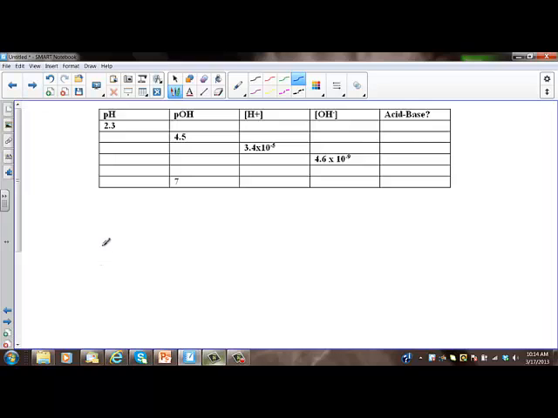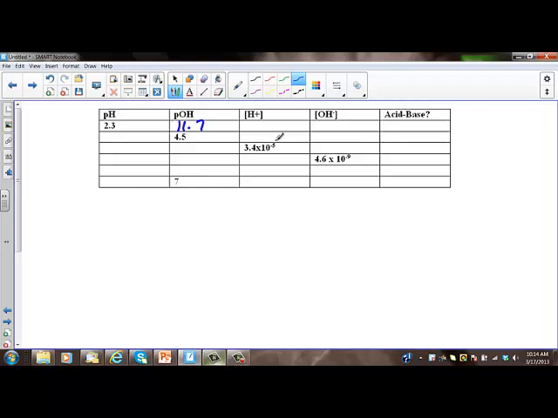So here's our table. If my pH is 2.3, then my pOH has to be 14 minus my pH, which is going to be 11.7. For my hydronium concentration, remember that if I have my pH, to get my H+ concentration, I have to do the antilog of the negative pH.